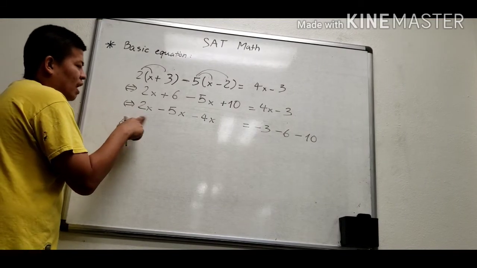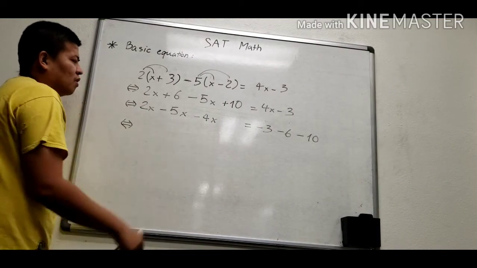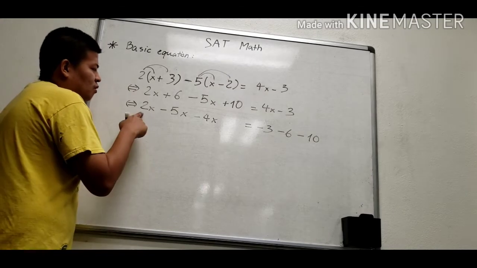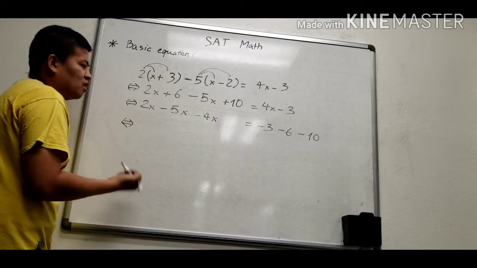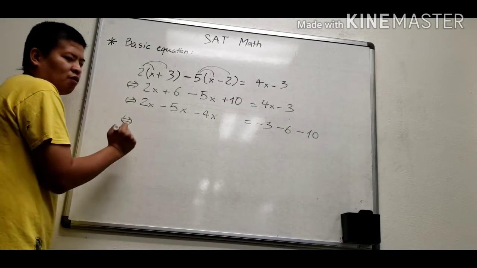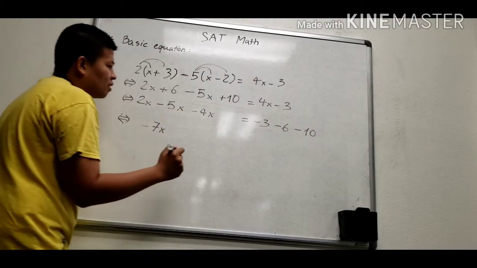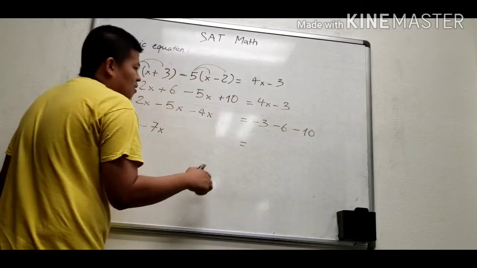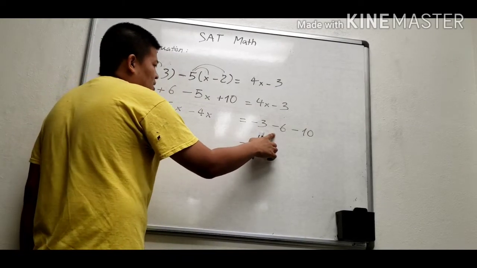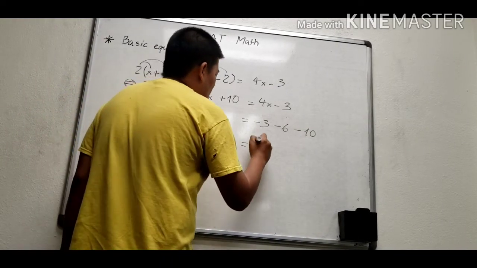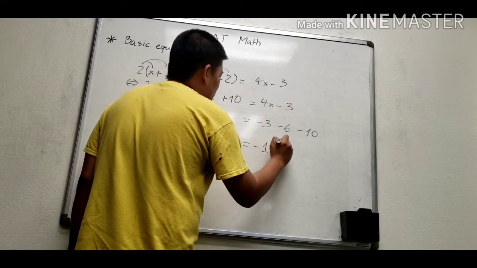So we have 2s minus 5s minus 4s. So this is 2 minus 5 is about minus 3. Minus 3 with minus 4 is about minus 7s. And in here we have minus 3, minus 6, and minus 10. That is about minus 19.